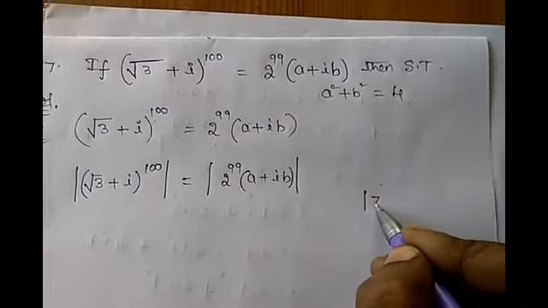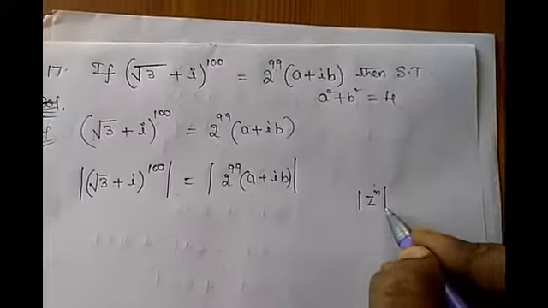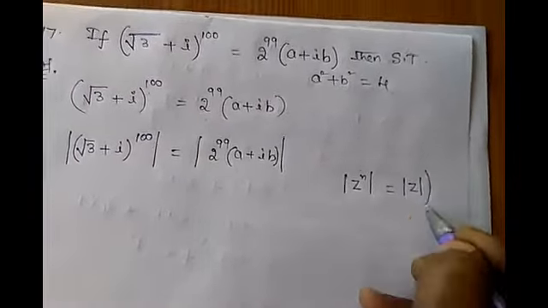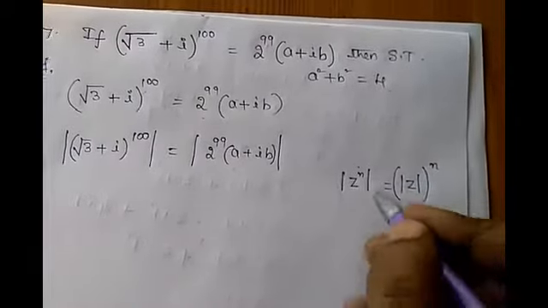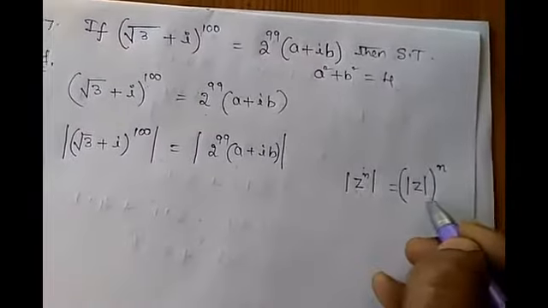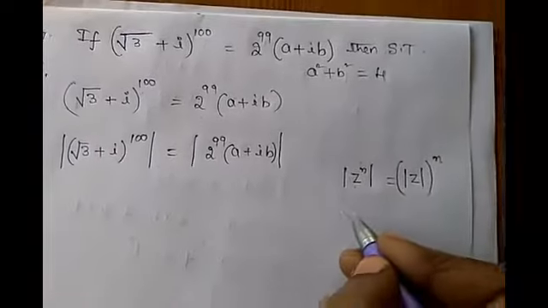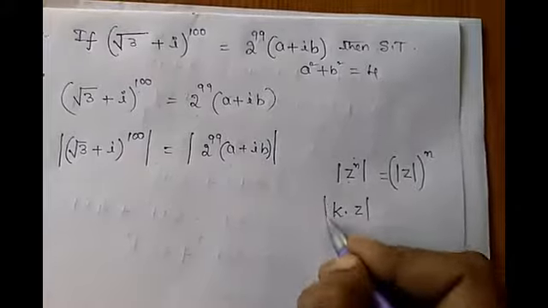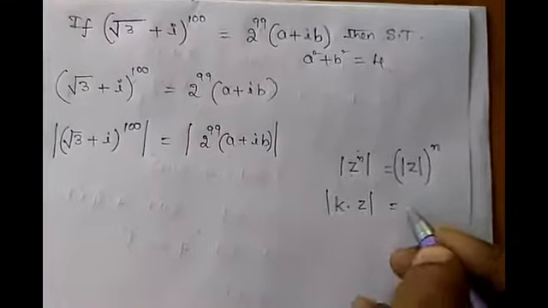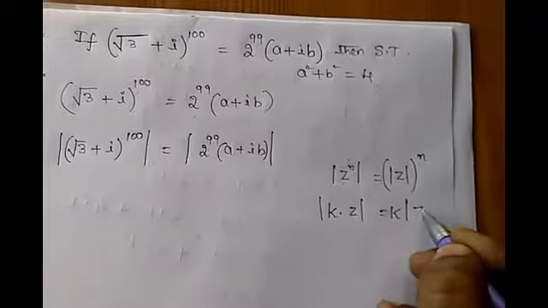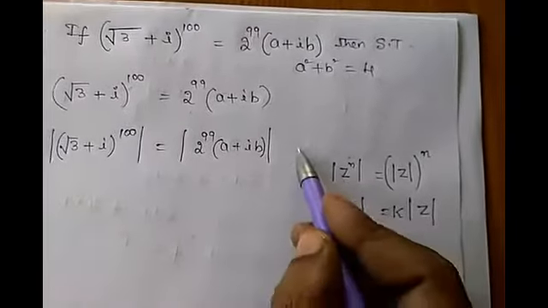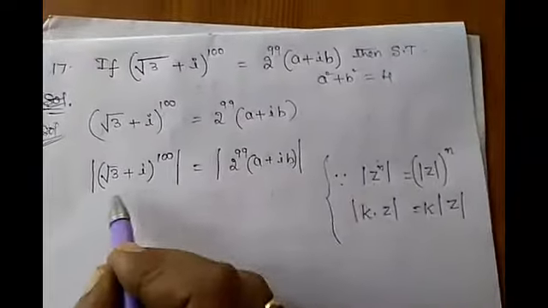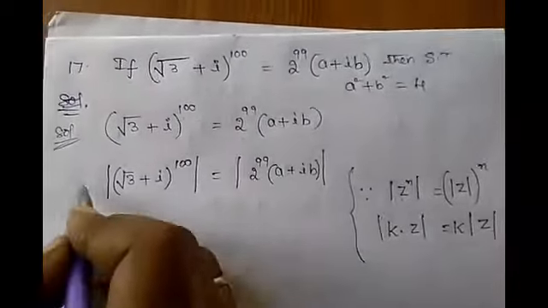We know that modulus of z power n is equal to modulus of z whole power n. Again, modulus of constant into z is equal to k into modulus of z. By using these two properties, you can find the modulus of these two complex numbers.